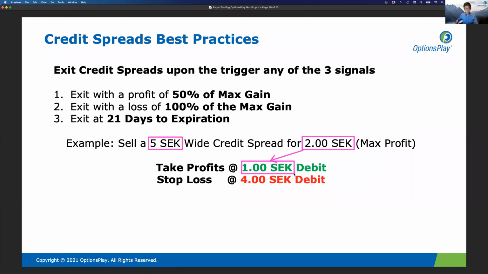Now, let's say you sell something for 2 crowns and it starts to go in the opposite direction, it starts to increase in value to, let's say, 4 crowns. Now, what you've done is you've sold something for 2, and if you have to buy it back for 4, you've lost 2 crowns, which is 100% of the max gain. That's a time to start cutting your losses.